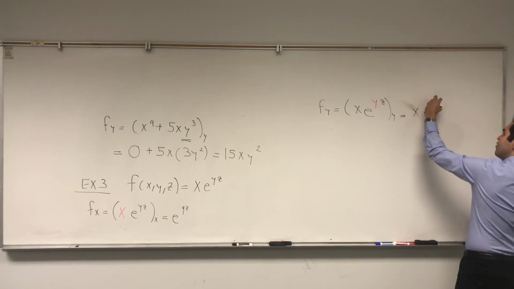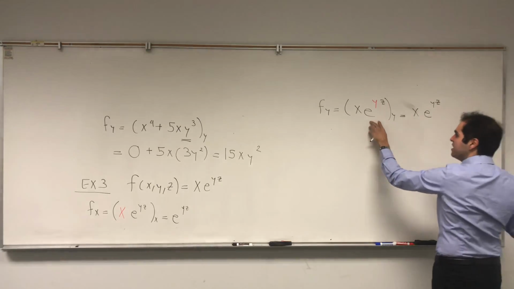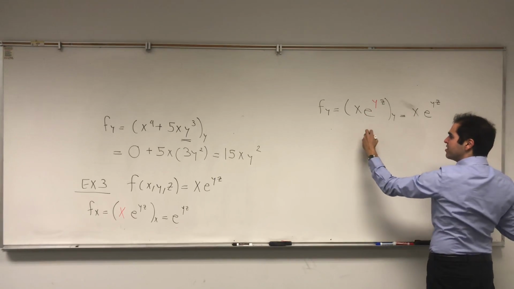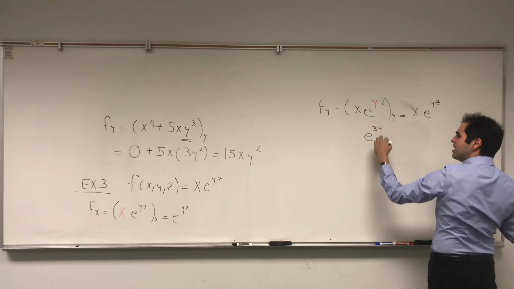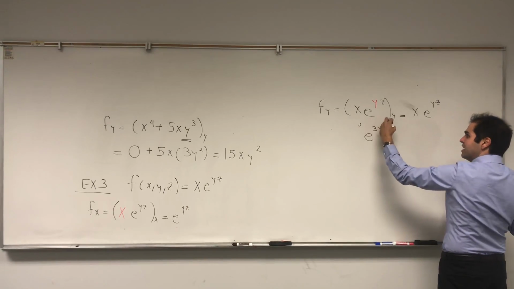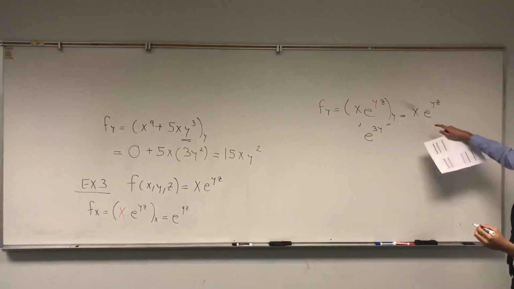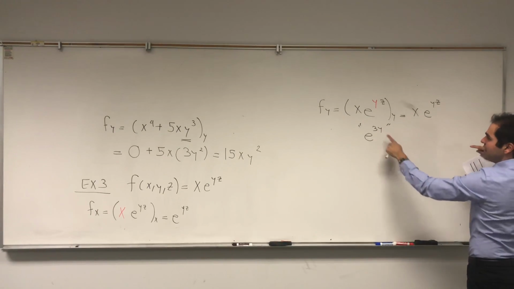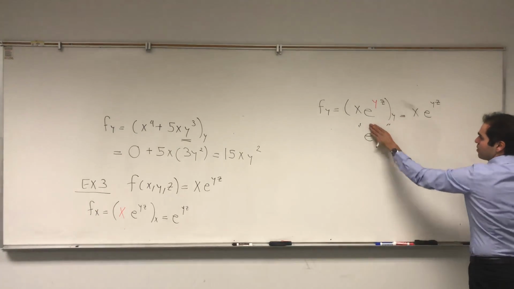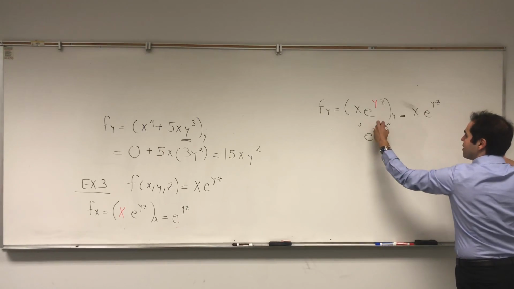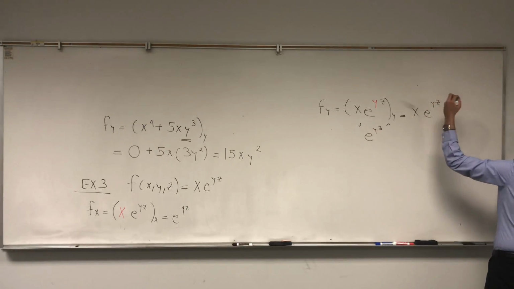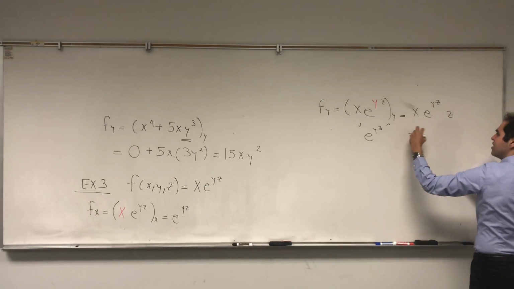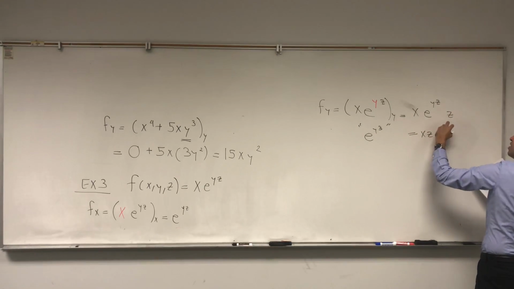And then we differentiate e to the yz, and here z is constant. So you have to think of it as almost like e to the 3y. So what this becomes, it's e to the yz times z, and you get xz e to the yz.